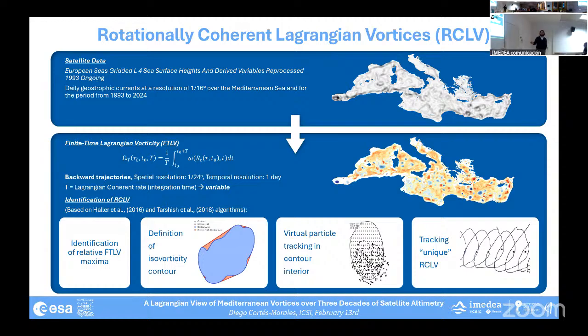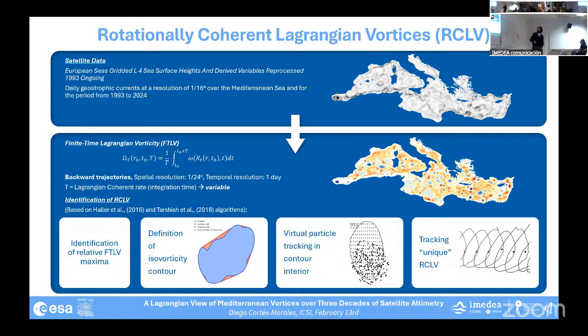But we want to check that the particles are truly kept inside the contour during this life. So we track the particles and check their dispersion. If they don't disperse very much, we say this contour maintains the material within its interior during its life.